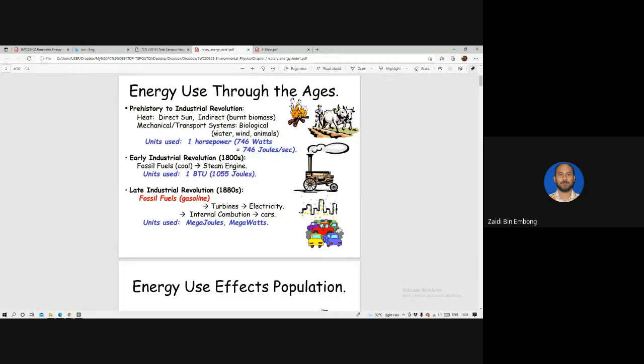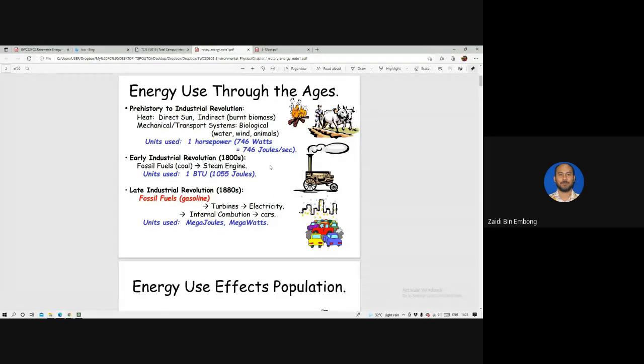Because a long time ago, people measured energy based on the power of the horse. Before this there was no transportation. People used a horse, especially as you see in cowboy films. If they wanted to go from location to location, they used a horse. So that's why they put 1 horsepower, which is equivalent to 746 watts, or 746 joules per second.